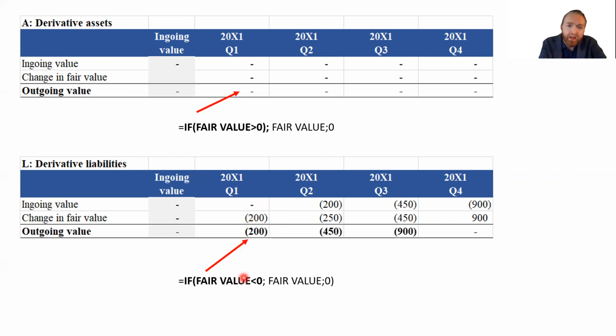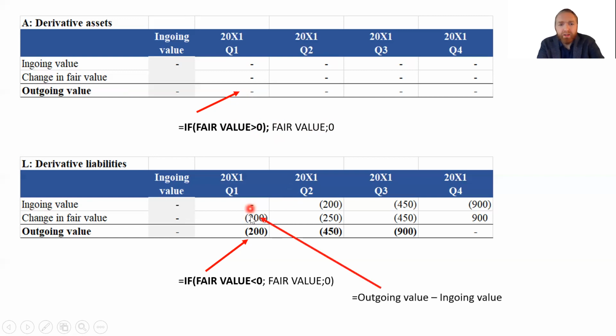So we have this check here. If the fair value is negative, show fair value, otherwise zero. Here it's if fair value is larger than zero, positive, show fair value, otherwise zero. So it has to go into either, but it depends on what scenario you're simulating or assuming. And then this is the difference in between the ingoing value, which is computed once we have this, we can derive that one.